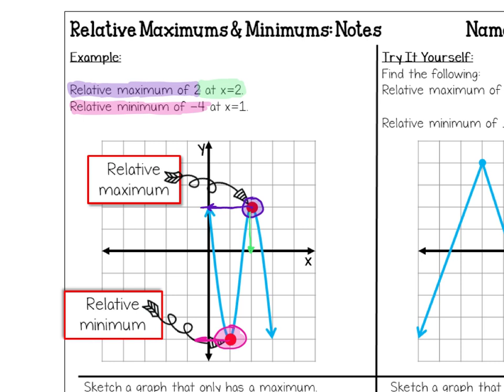Please, if I'm saying something that's messed up, please let me know. Okay. And then I'm going to look at my x value. So my x value is here, which is 1. So then I have a minimum at -4 at x equals 1.